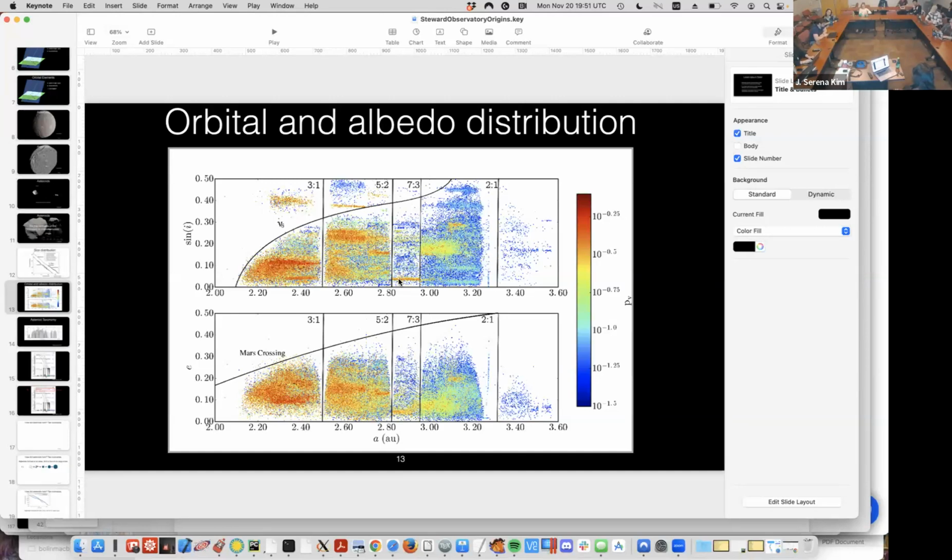But over time, this distribution gets erased, and the obliquities of asteroids reorient themselves, and on average over secular time periods, half will have prograde, half will have retrograde.